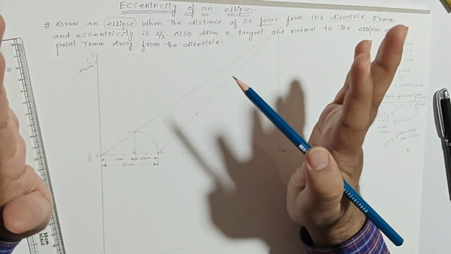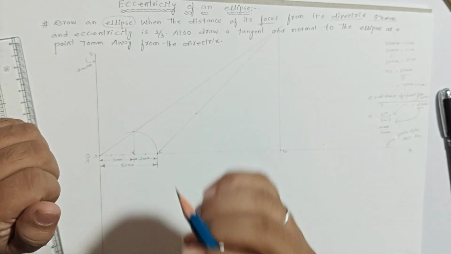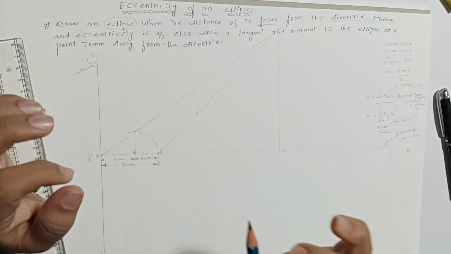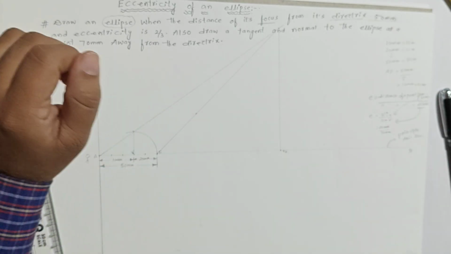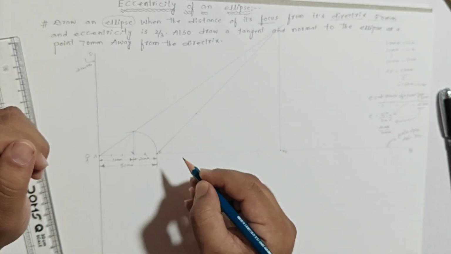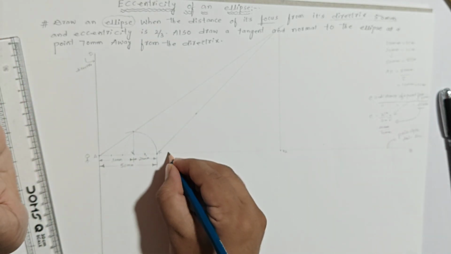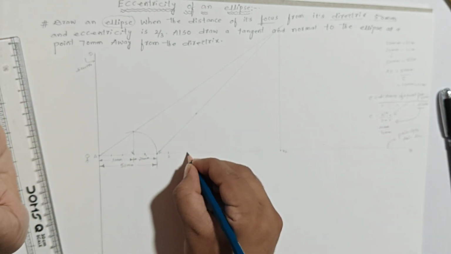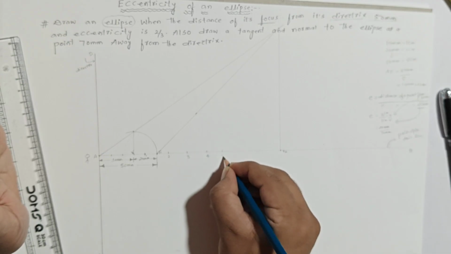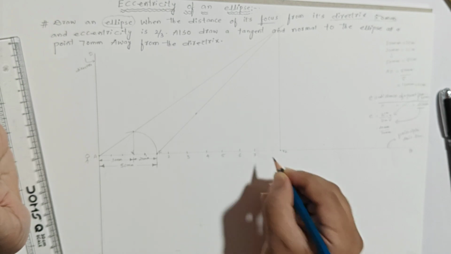The next step is we need to mark the point. It should be away from the vertex line. You have to mark a random point. Let us see. I am marking the random point like 1. We are not measuring any equal distance over here. 1, 2, 3, 4, 5, 6, 7.